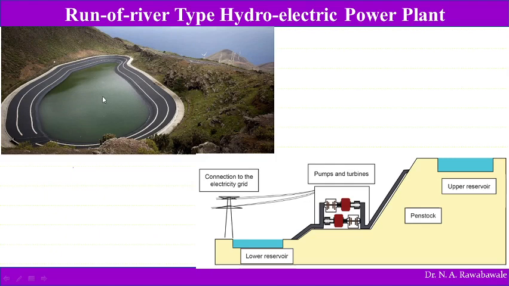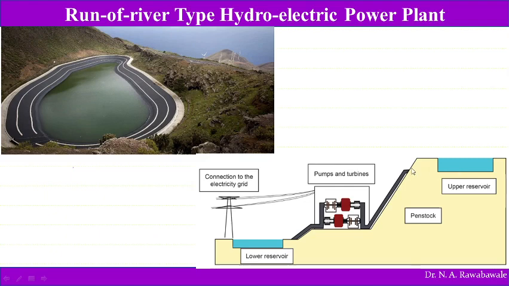to produce electrical energy. In this pumped type of hydroelectric power plant, the water is pumped from a lower reservoir and stored in the upper reservoir using non-conventional energy sources, that is wind or solar, whatsoever it is.